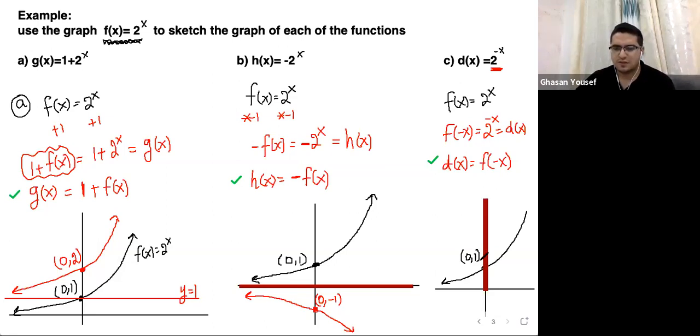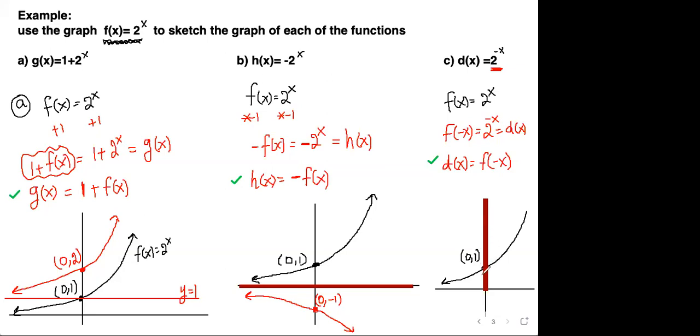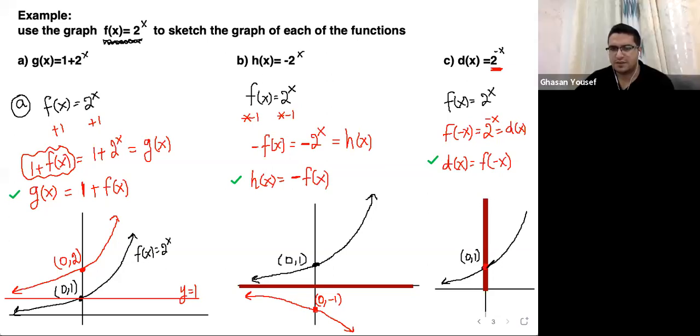When you reflect this point around the y-axis, is it the same point or not? Same point, exactly, thank you. It will be the same point, it will not move. Now this part will reflect like this, and this will reflect like this.